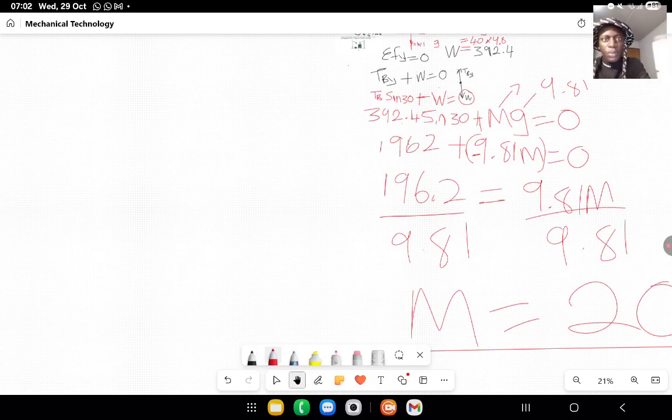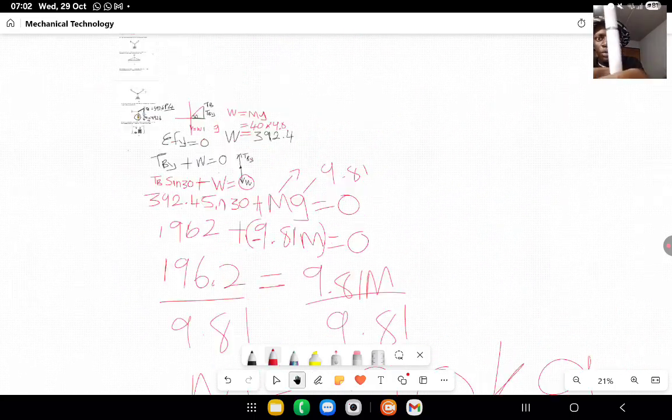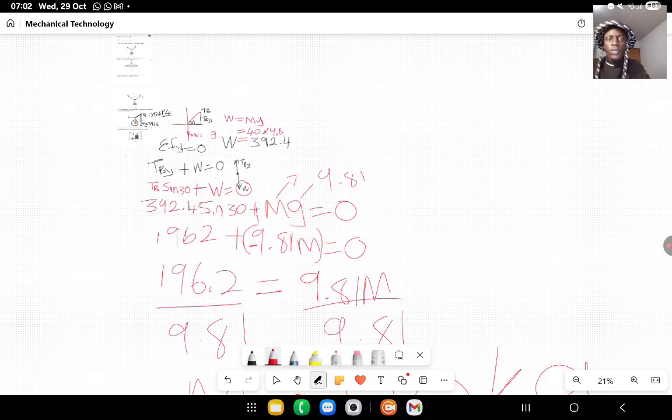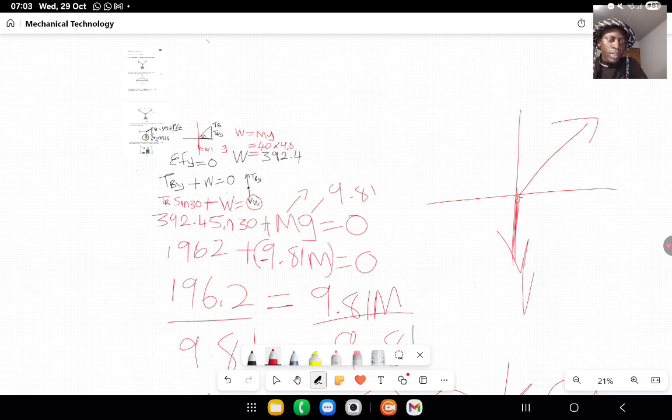You see how it was simple? This question was simple because we focused on our free body diagram, like this, because we have this and this. We need weight here. Weight is mg, and we have the angle here, which is 30, and we have a component here, and a component.